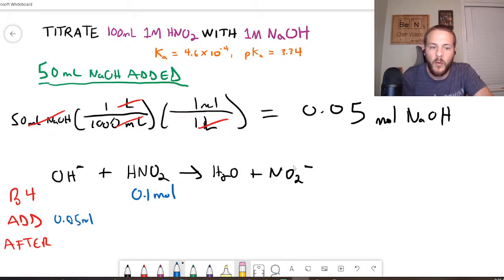And again, this equation and this table represent the hydroxide coming in and converting a stoichiometric amount of the existing nitrous acid to the conjugate base of that acid, the nitrite ion. And so the amount of HNO2 decreases by 0.05, so we end up with 0.05 moles of it, and we end up with 0.05 moles of the conjugate base of the acid also.